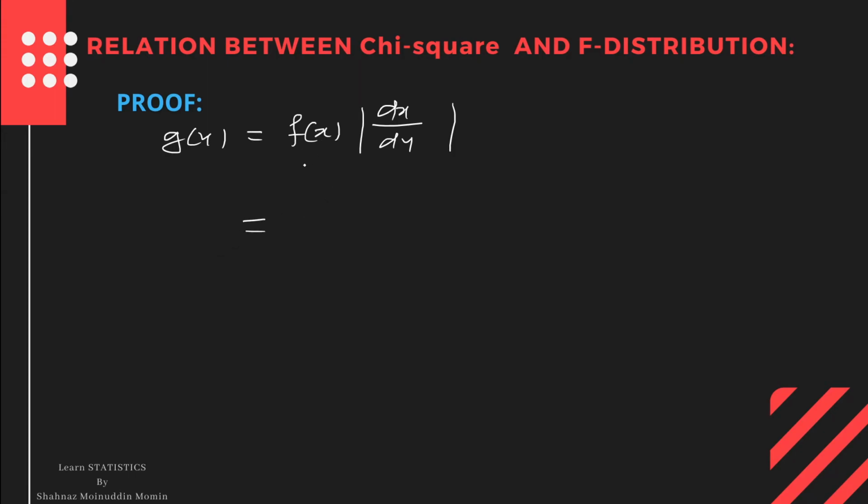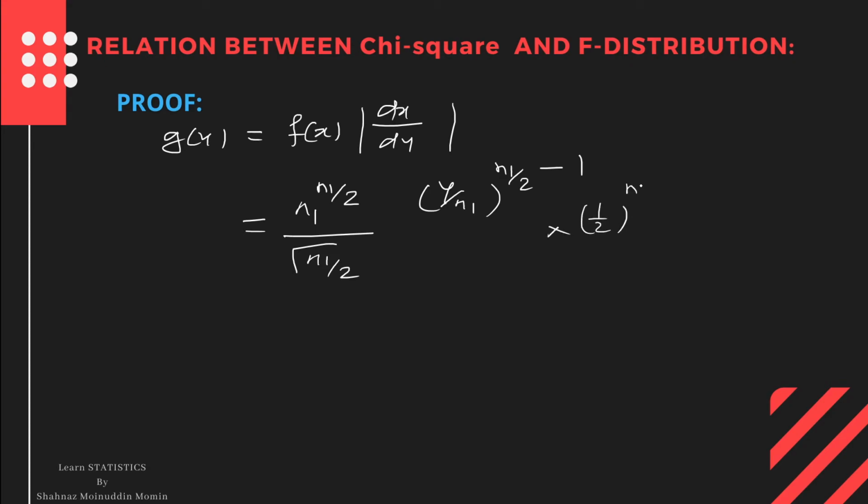Now we have the f of x as already obtained after taking the limit, that is n1 raised to n1 by 2 divided by gamma n1 upon 2 x raised to n1 by 2 minus 1. Here the value of x is y upon n1. So it is y upon n1 raised to n1 by 2 minus 1 multiplied by 1/2 raised to n1 by 2 e raised to minus y upon 2 into 1 by n1.